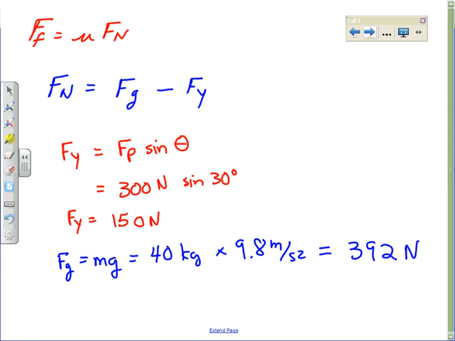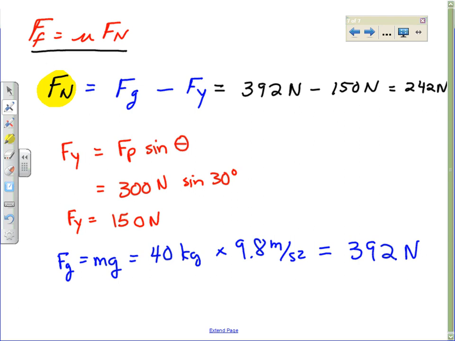So we're doing all of this so we can figure out Fn, so we can then figure out our frictional force. So back to our Fn. The weight of the system is 392 newtons minus 150 newtons from pulling up on the box, and we have 242 newtons as our normal force.